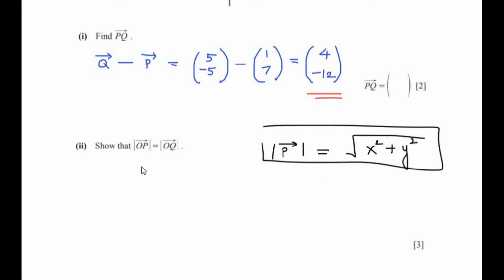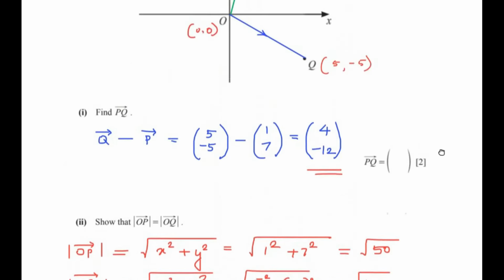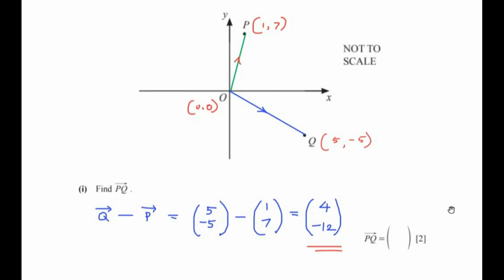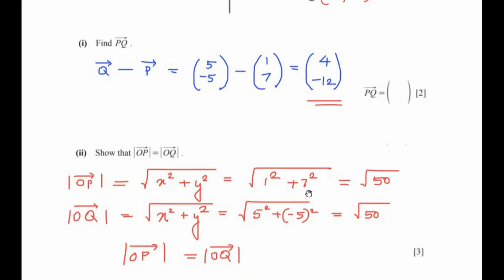So using this formula, let us first write down the absolute or the magnitude of vector OP. So here you can see we have taken the magnitude of OP vector and using the formula square root of x square plus y square. Now the x and y coordinate of P was 1, 7. So we have squared 1 plus squared the y value, which was 7. So 1 square plus 7 square gives us square root of 50.